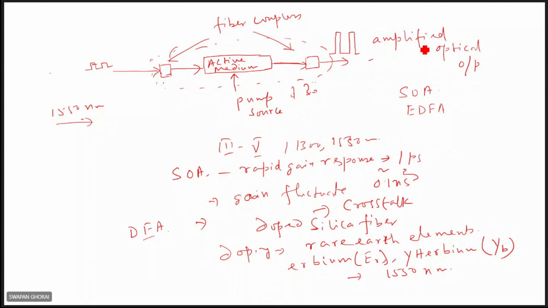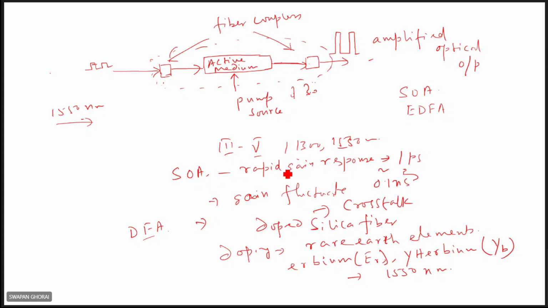If the active medium is a 3-5 compound semiconductor, it can be amplified in the 1300 or 1550 nanometer range.